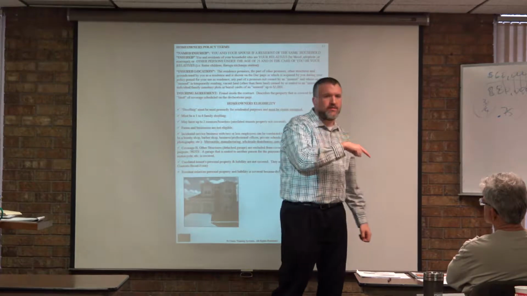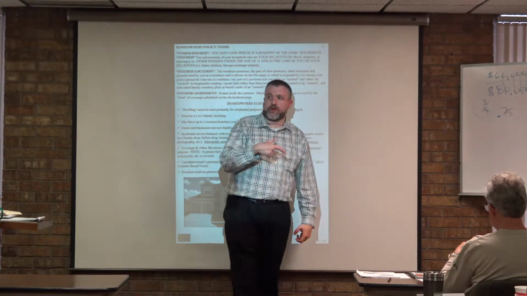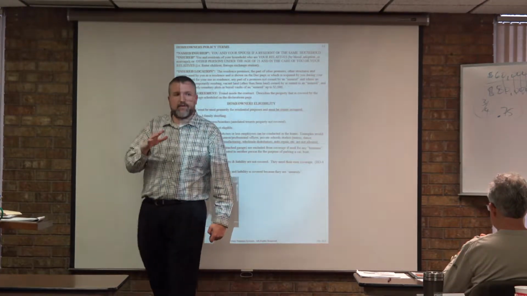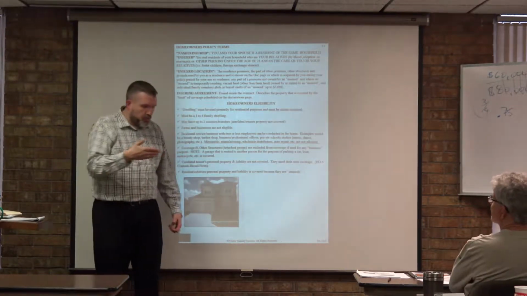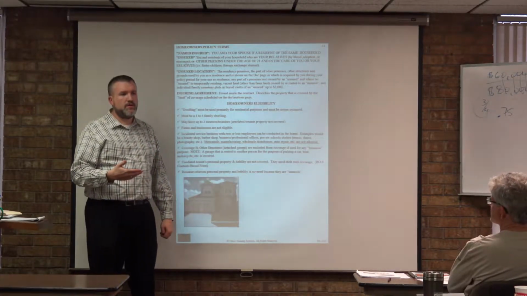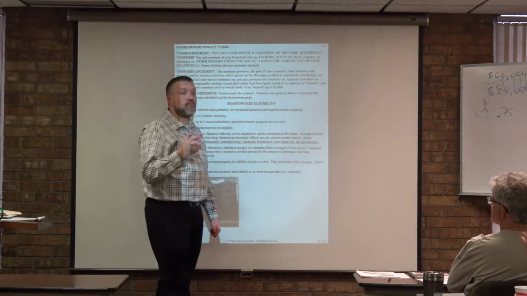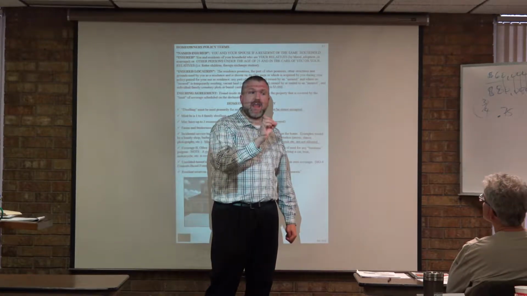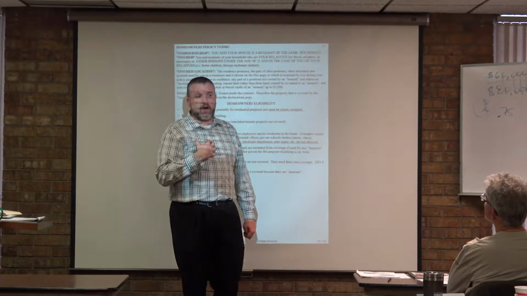See, when my father-in-law comes to visit, they just did this last weekend from Eudora, Kansas. They came down for a few days, and when they were staying with us, were they considered an insured? No, because they have a different address. Exactly. No, they're not an insured when it comes to my homeowner's policy.